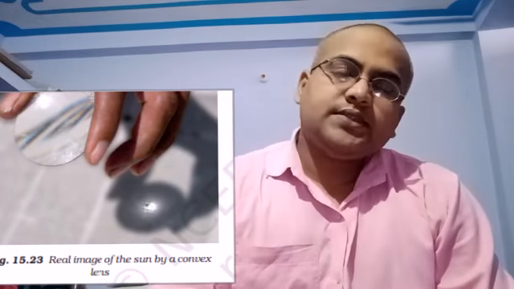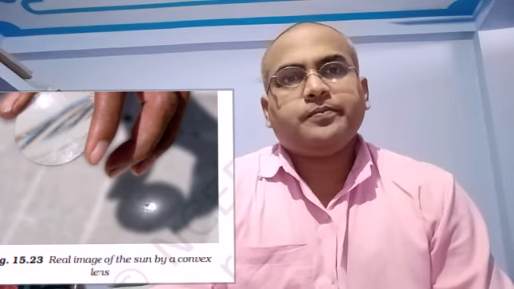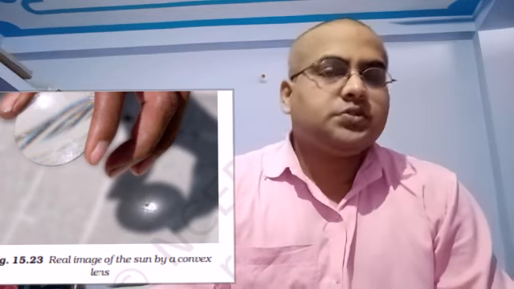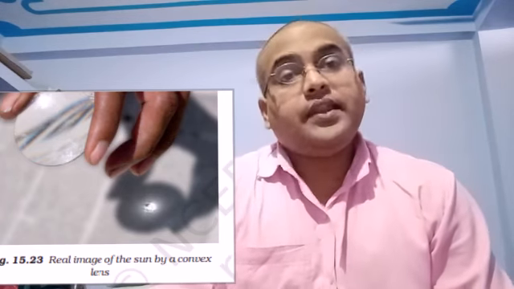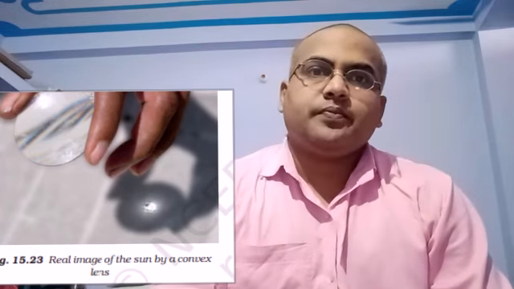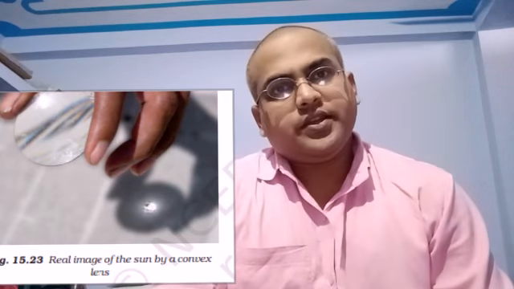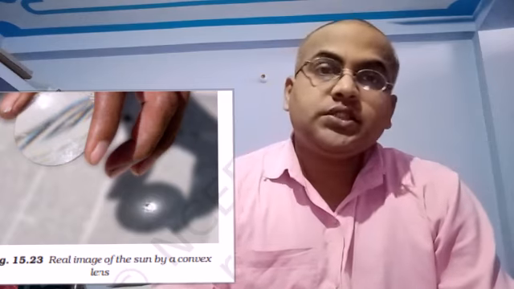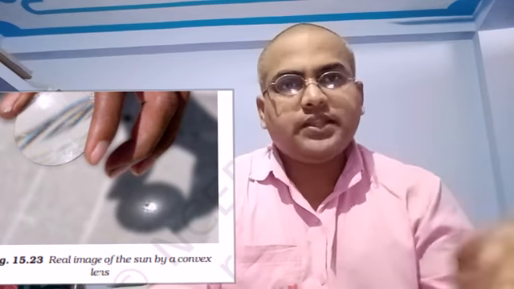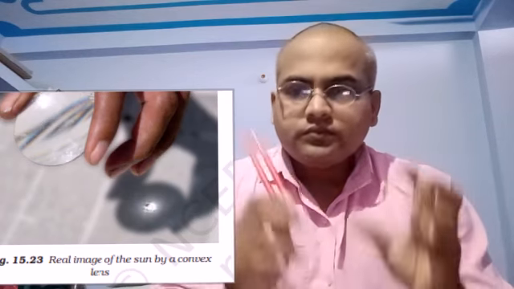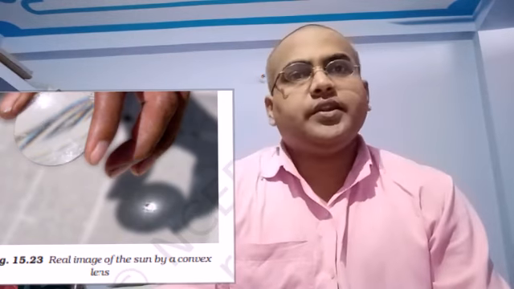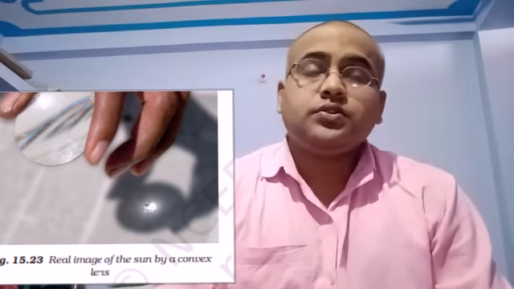So in this case you observe that the image is small, real and inverted. If you vary the distance of the candle, that is, bring the candle closer to the convex lens, in this case also you will get a large and inverted image, and the image is also real.